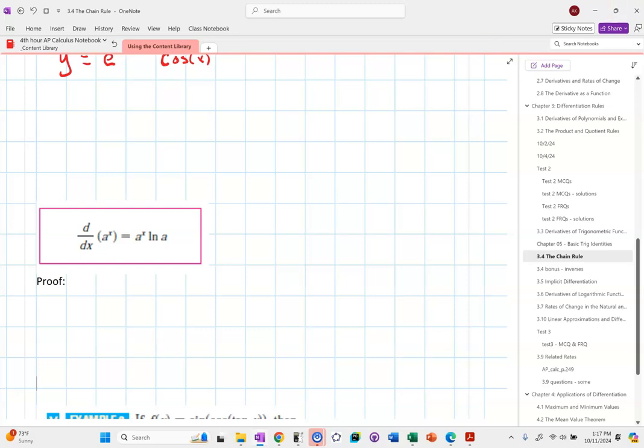So if we wanted to prove that, what are we going to do? What do we think? What do we use to prove any of these derivative rules? Don't think we want to be graphing.